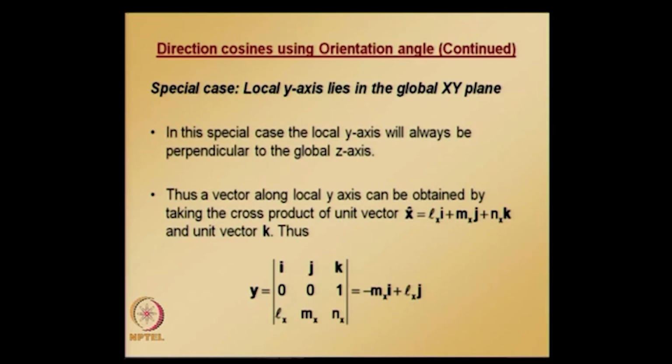So, if we take the cross product of the unit vector along global z axis and the unit vector along x axis, which we just obtained, we get a vector along the local y axis.